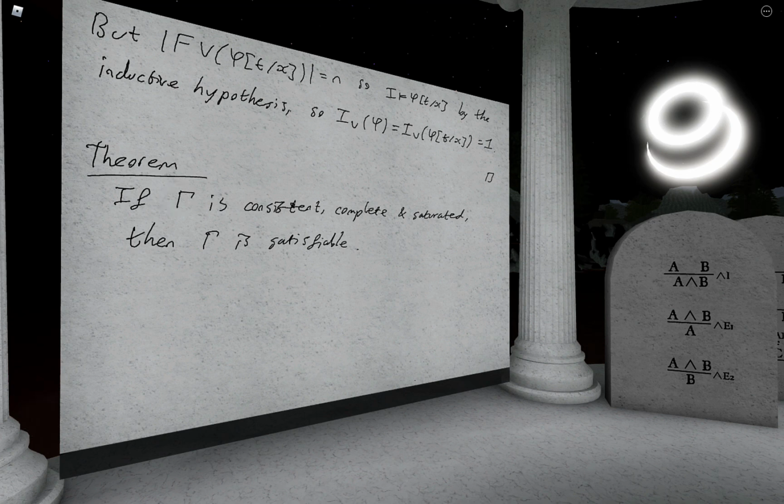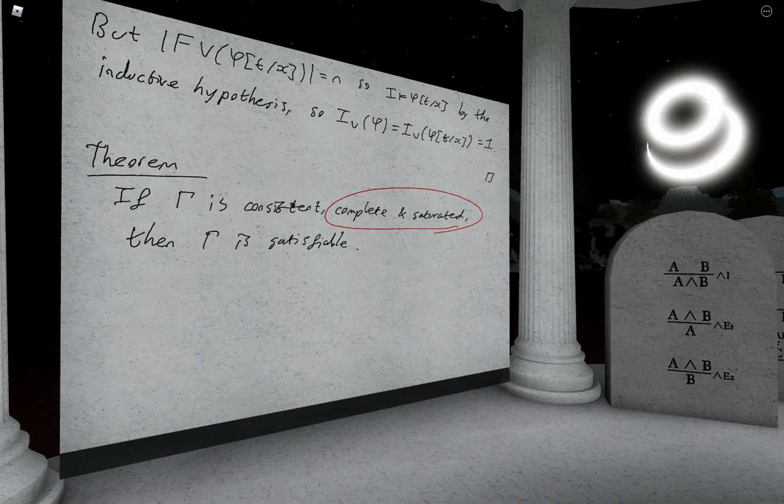So this is a weakened version of the completeness theorem, because the completeness theorem is equivalent to this statement but with this part rubbed out, where if you have a consistent set, then you have an interpretation that makes it true. And I've just shown it to be the case if you add these conditions of that set being complete and saturated.